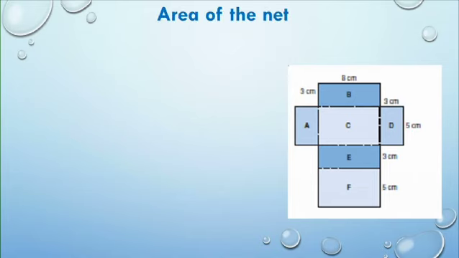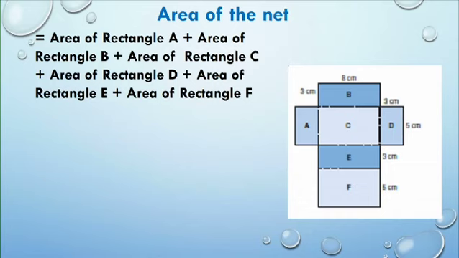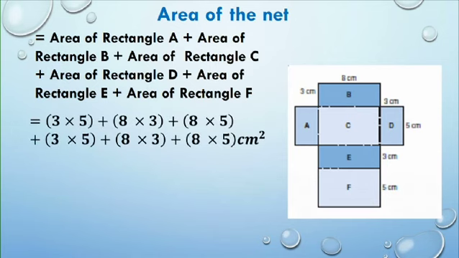So the area of the net will be area of rectangle A plus area of rectangle B plus area of rectangle C plus area of rectangle D plus area of rectangle E and plus area of rectangle F. This gives me area of rectangle A is 3 times 5.